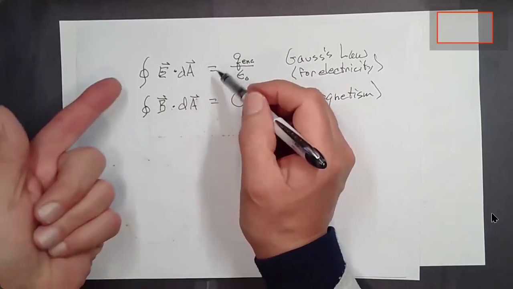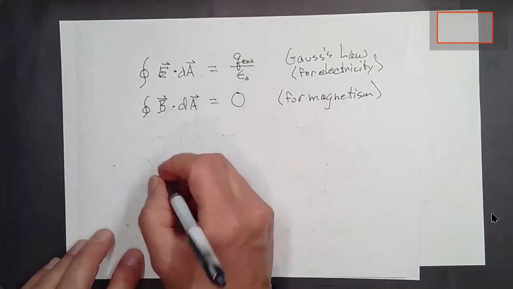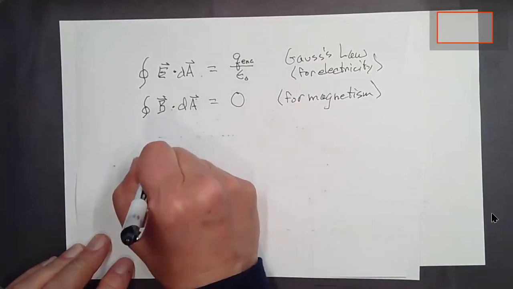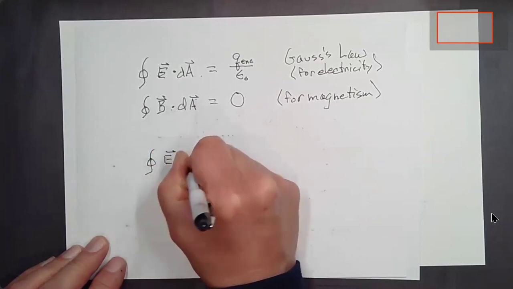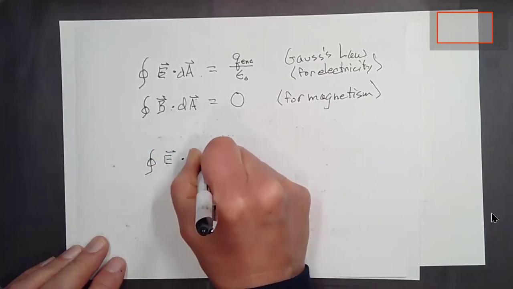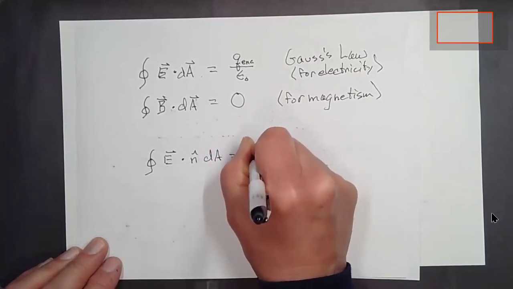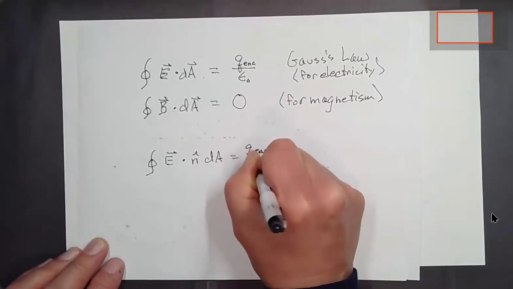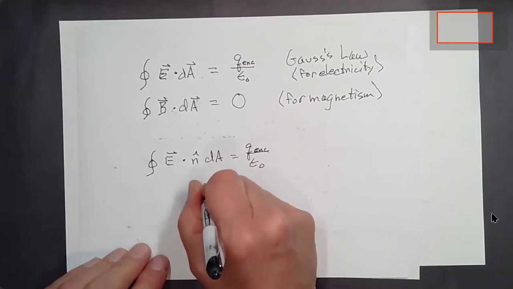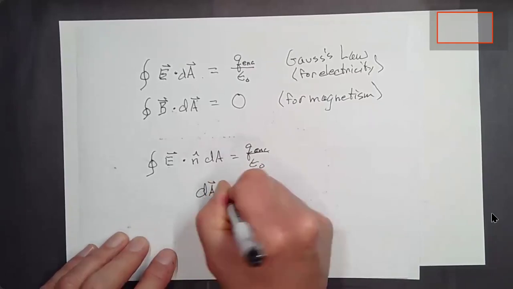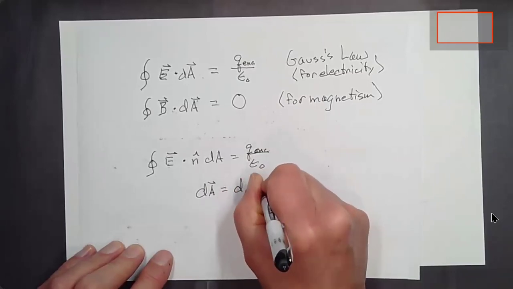Anyway, sometimes you see Gauss's law written this way for electricity. It's E dot n hat dA is equal to Q enclosed over epsilon naught. And all they've done is taken the dA vector and turned it into dA n hat.